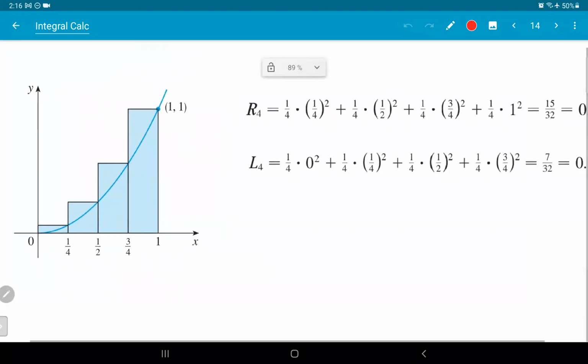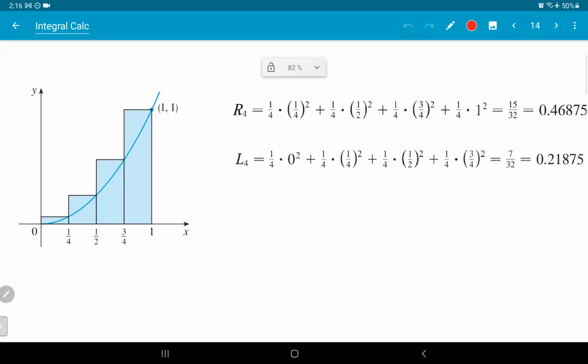So for the rectangles previously shown, the sum of their areas is 0.21875, and as stated, that number underestimates the area under the curve. So the actual area lies between these two values.